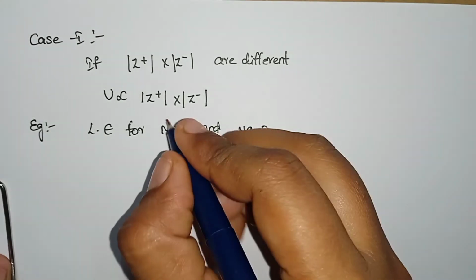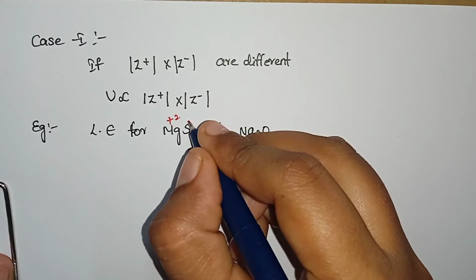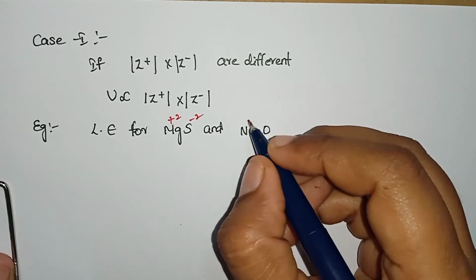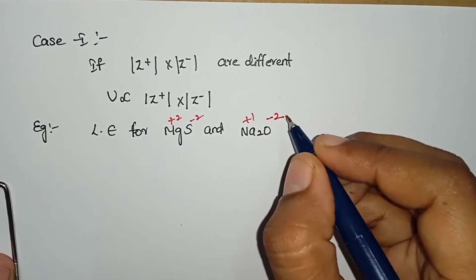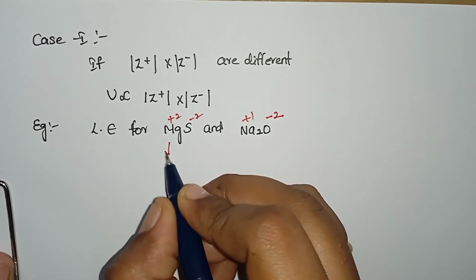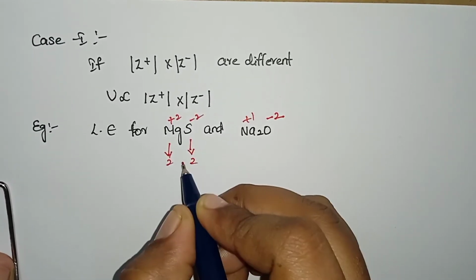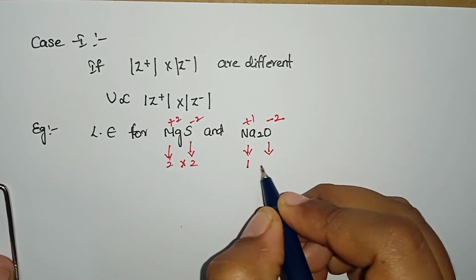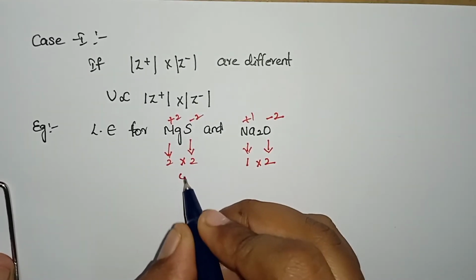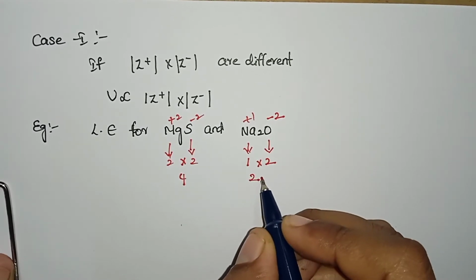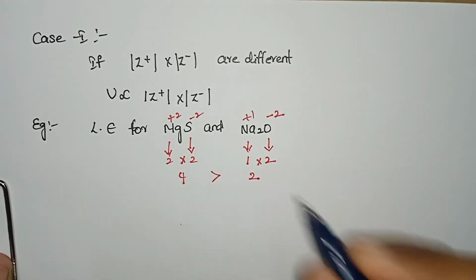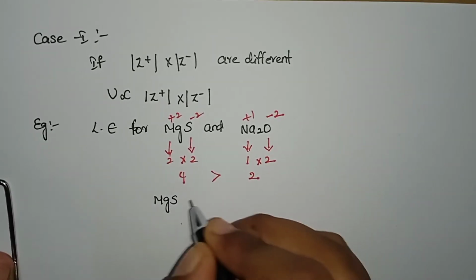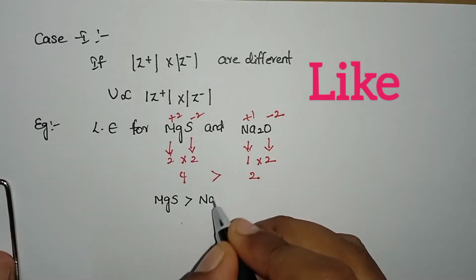Mg is plus 2 and S minus 2, Na is plus 1 and oxygen minus 2. So Mg and S give 2 into 2, that is 4, and Na2O gives 1 into 2, that is 2. Which is greater? 4. So MgS is greater than Na2O.